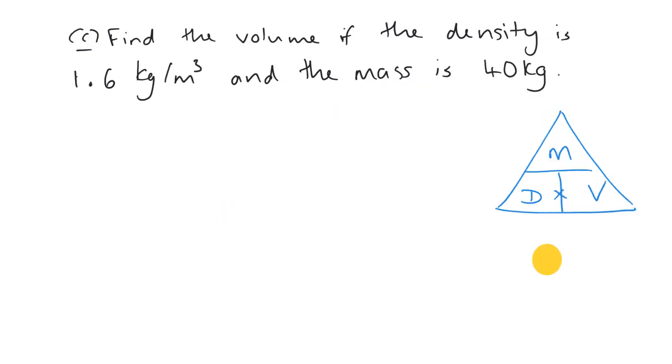Part C, find the volume if the density is 1.6 kilograms per meter cubed and the mass is 40 kilograms. Okay, so we want to find the volume, so cover over V. So the sum that we've left is M over D. So that means our volume equals mass divided by density.